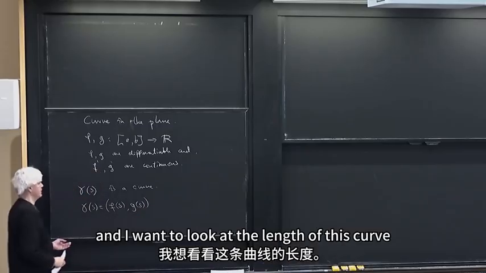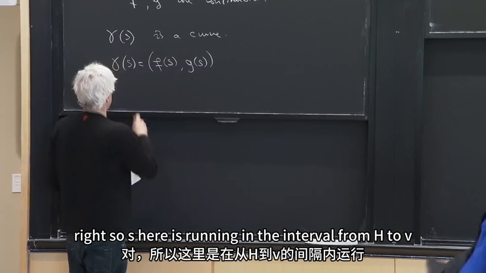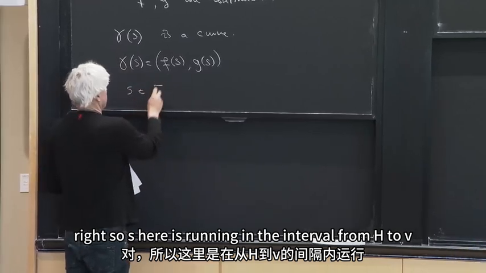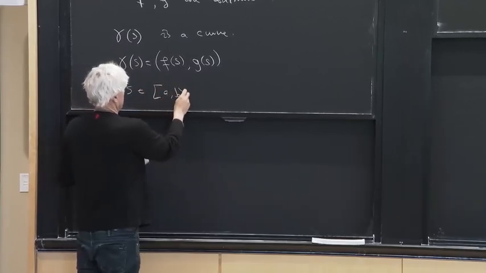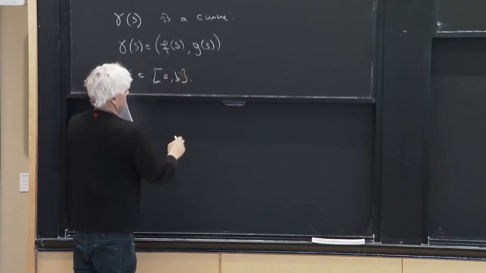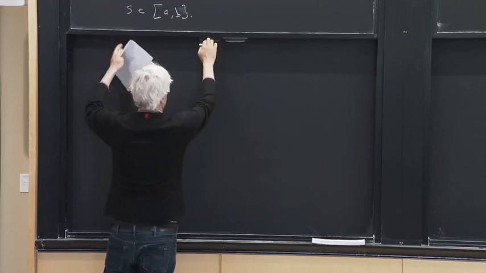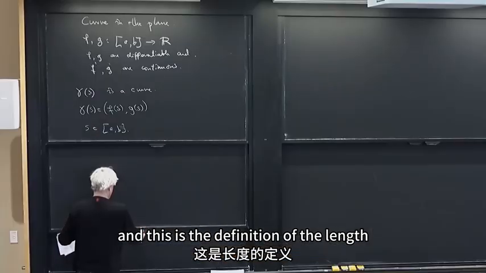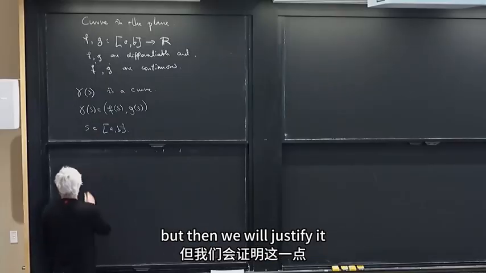And I want to look at the length of this curve. So s here is running in the interval from a to b. And so the length, and this is the definition of the length, but then we will justify it.